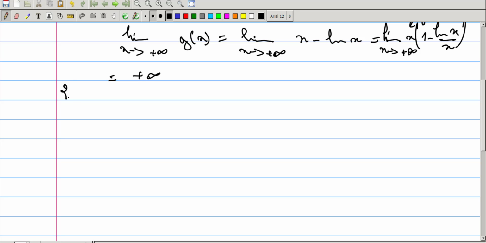Okay, question 2. It is the table of variations of g. So first of all we need to calculate the derivative, g prime.